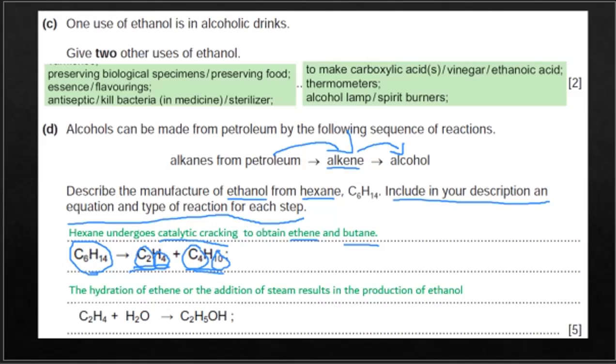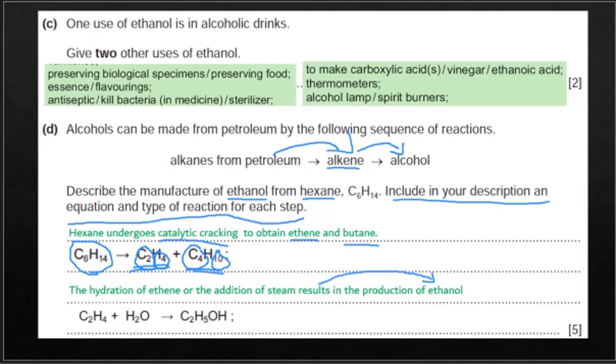Now, the next step of the process is the hydration of ethene, by adding steam or water vapor to the alkene, which gives us the alcohol. So the hydration of ethene, or the addition of steam to it, produces the alcohol, ethanol.